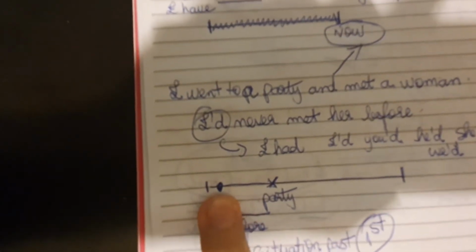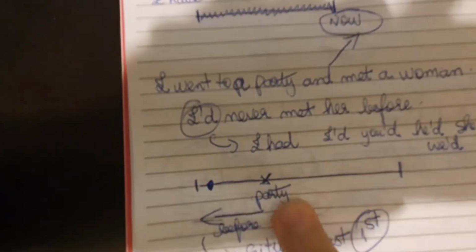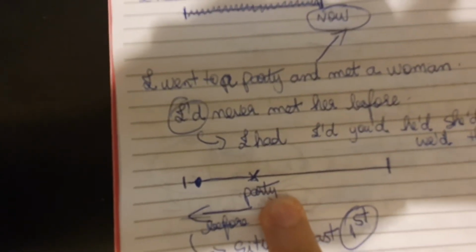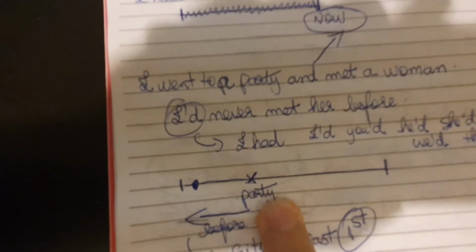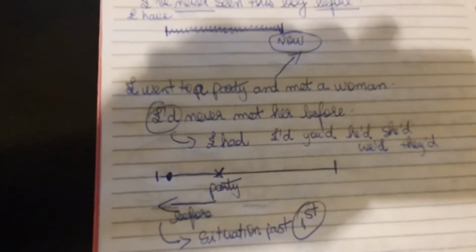I had never met her before. I don't know this woman here. This is the first time I had ever seen her. So, the party is the second action or the second situation, okay?